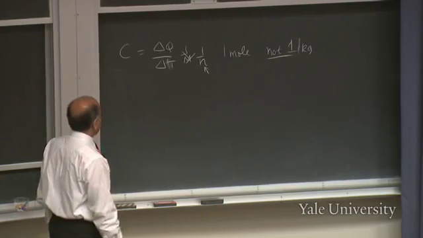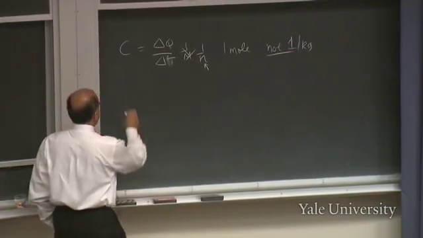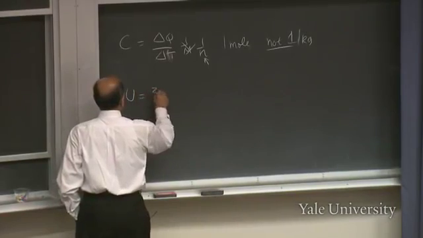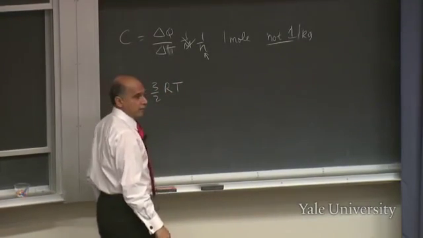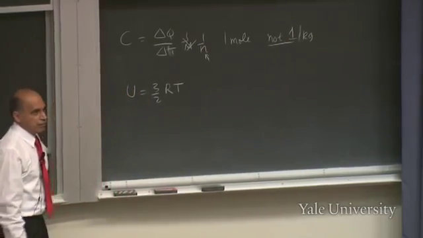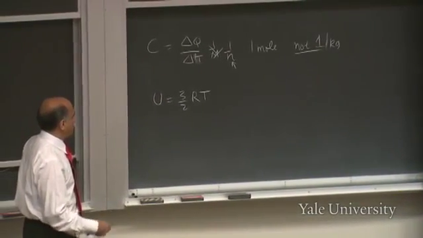So if you take 1 mole, you can say, okay, 1 mole of gas, I was told, has energy U equals 3/2 RT, because it was 3/2 nRT, but n is 1 mole.